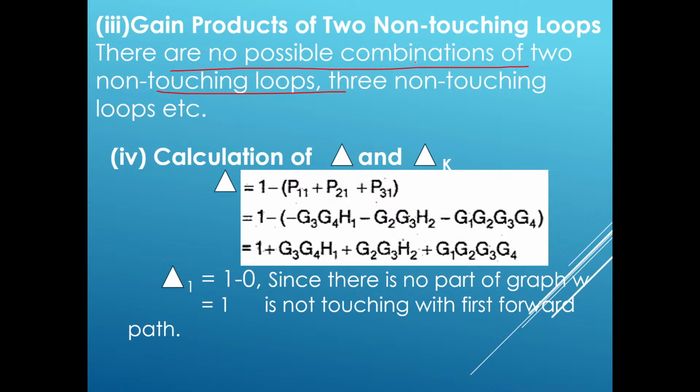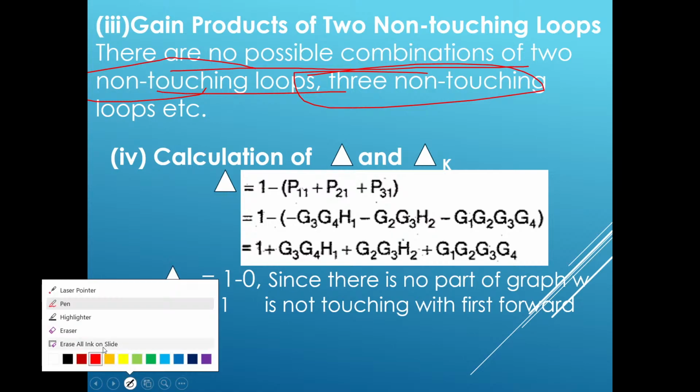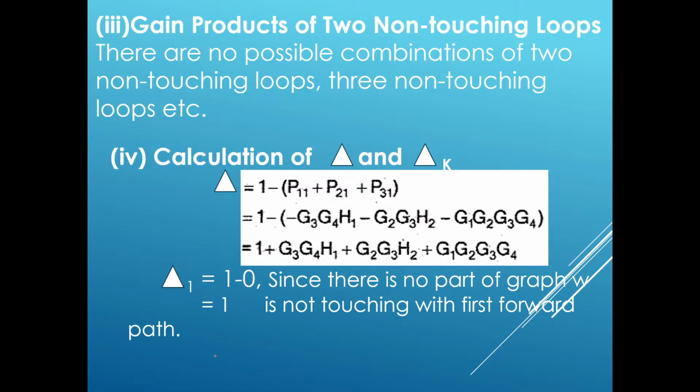If two non-touching loops are not available, we can check for 3, 4 or 5 non-touching loops, if that many loops are there. Here there are no possible combinations of non-touching loops at all. So you can just write a statement: gain product of two non-touching loops.